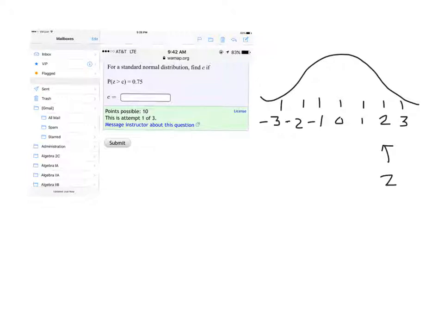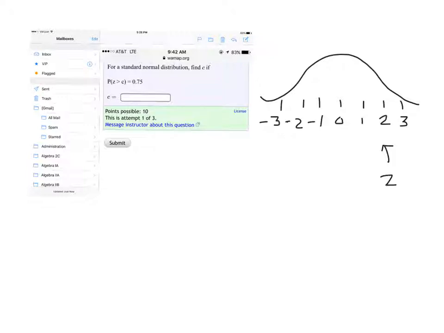So we want to know, for a standard normal distribution, find C if the probability that z is greater than that number is 0.75. Now that basically means we want to figure out where on this normal curve do we have a z-score whose area above it is equal to positive 0.75.